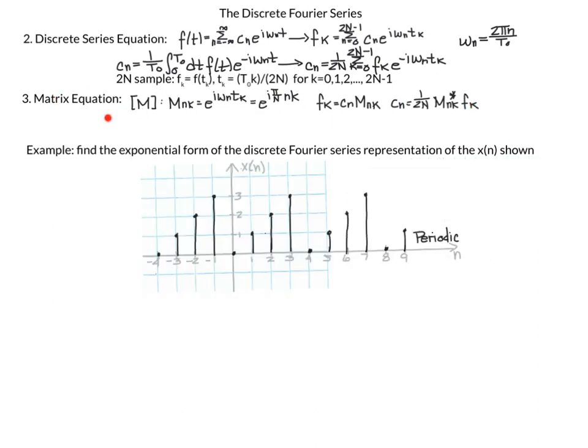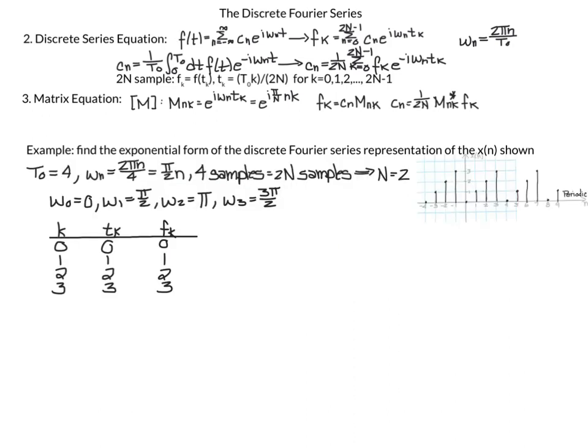I have our matrix equation here, and I have the example we just did, but now we're going to use these formulas with this example. And I kept the fact that T naught, the period, is equal to 4, our omega n, we calculated already as pi over 2n. There are 4 samples, so capital N is equal to 2. I kept our omega 0, omega 1, omega 2, omega 3.